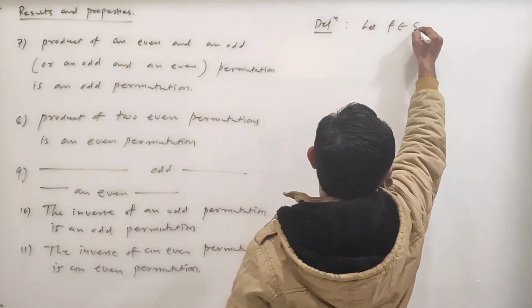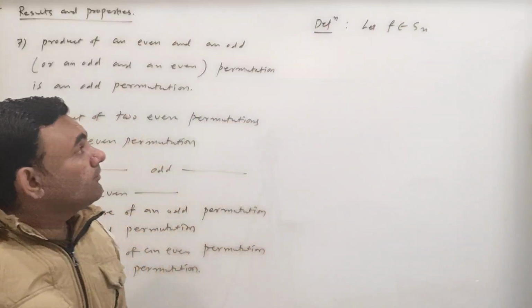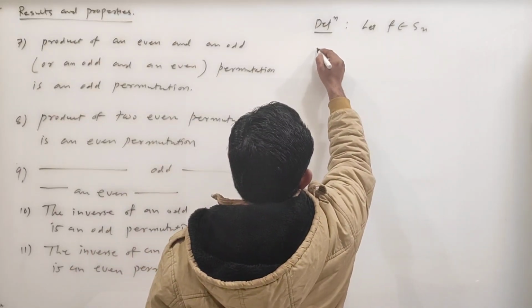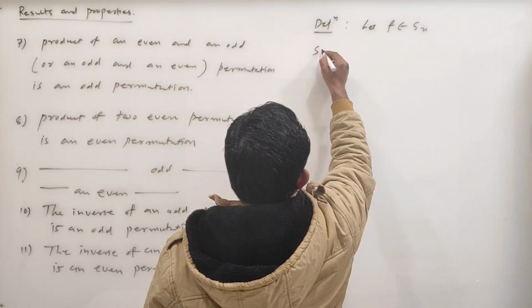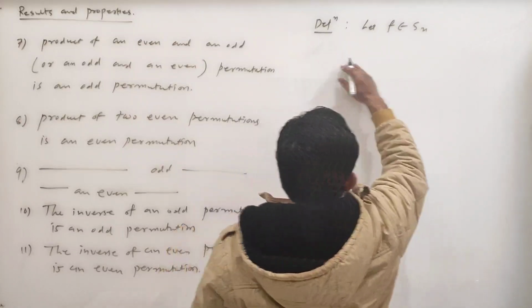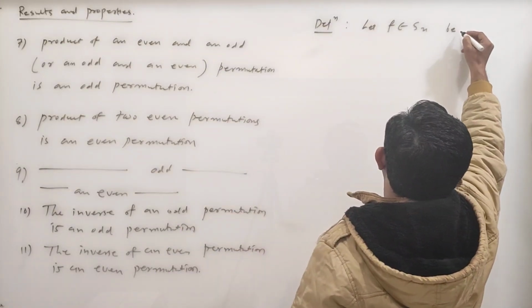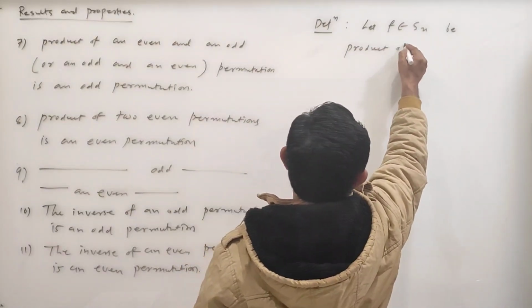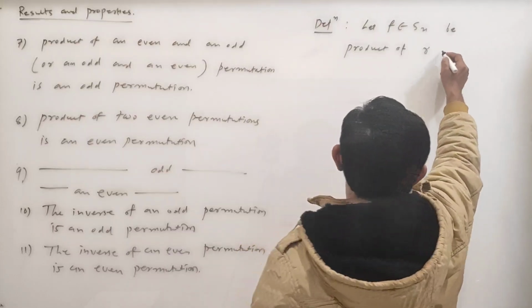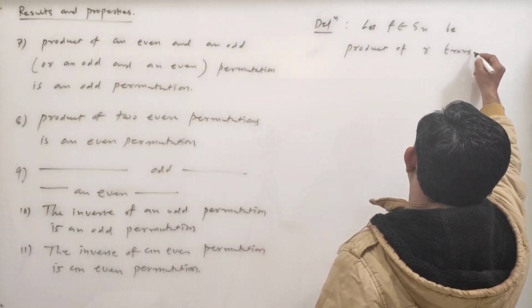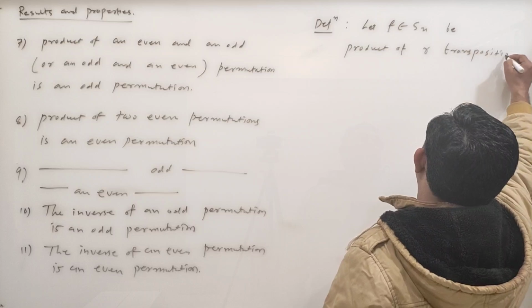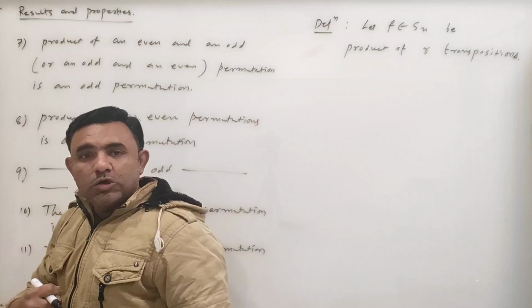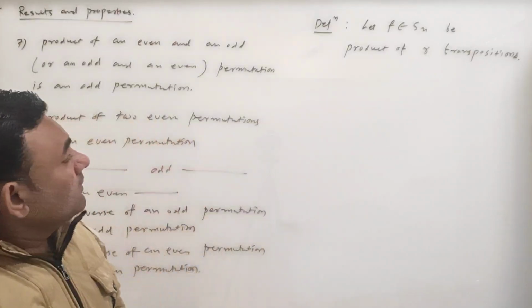Let f belong to Sn, be a product of r transpositions. So any permutation, I can express as a product of transpositions, that we have seen, right?